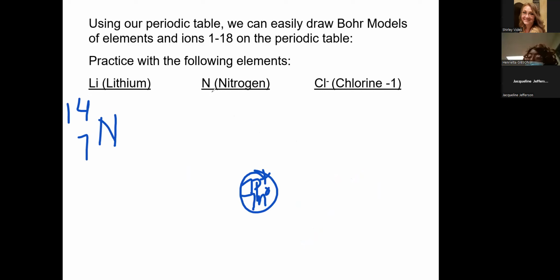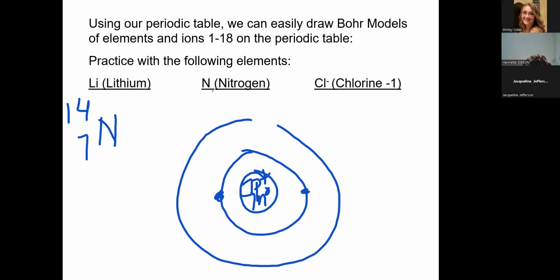Then we have 7 electrons that we need to place. We always do the first 2, 1, 2. And then we got the next 5 of those, 2, 4, and then you got 5 total. All right, and there you go.